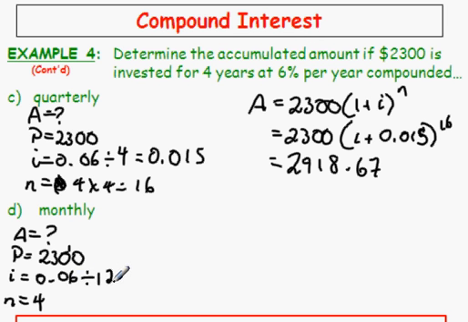Okay, so in this case, we're going to divide by 12 and multiply by 12. Okay, put them all into the formula.